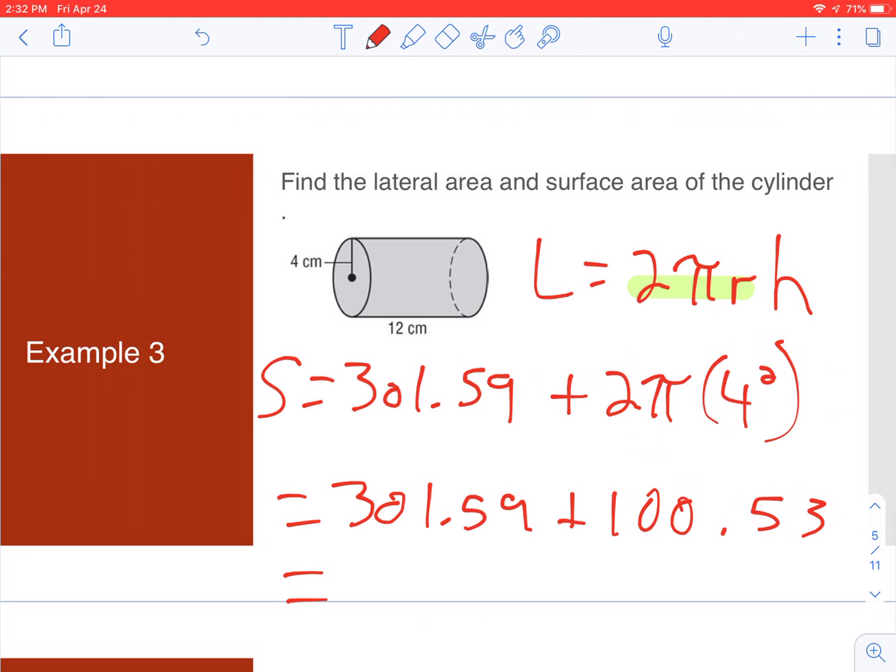What you guys could do is pause it right now, calculate it yourself, and check your answers with me. That would be a great use of your time. It equals 402.12 centimeters squared.